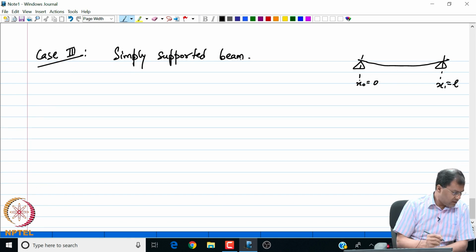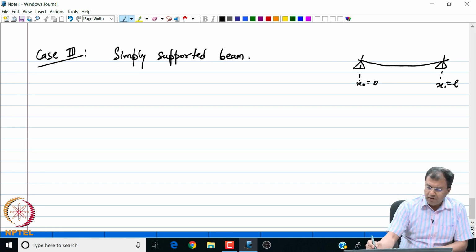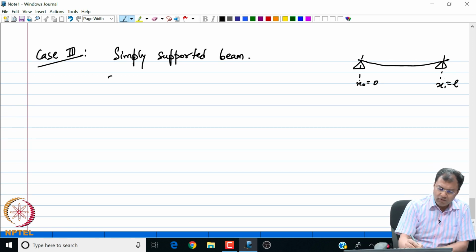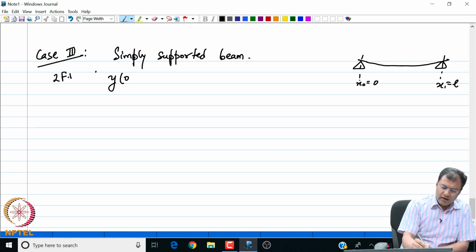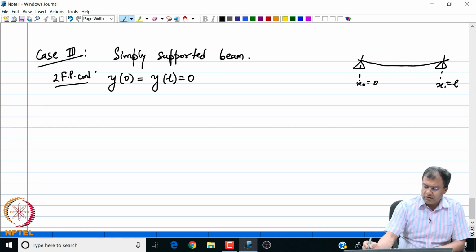So, how to approach? For a simply supported beam, we will certainly have the fixed point conditions y at 0 and y at L set equal to 0. So, 2 fixed point conditions given by y of 0 equal to y of L equal to 0. However, note that in this case the slope may not be 0 because it is just a simply supported beam case.